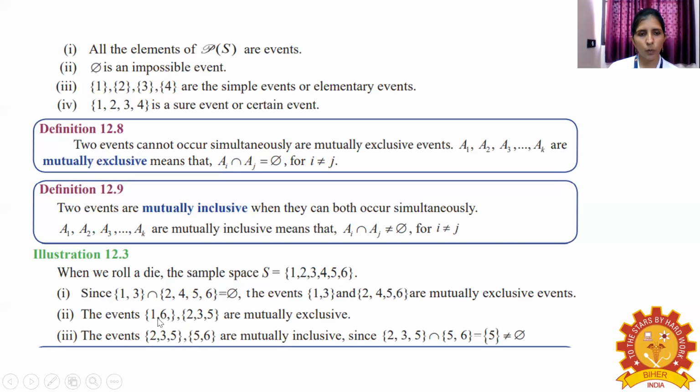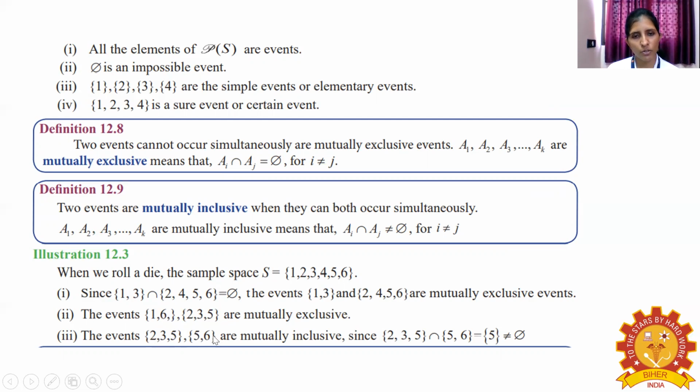And the events {1, 6} and {2, 3, 5} are also mutually exclusive. Here also we do not have any common elements between this set and this set, so they both are mutually exclusive. But in the next example, we have {2, 3, 5} and {5, 3}.